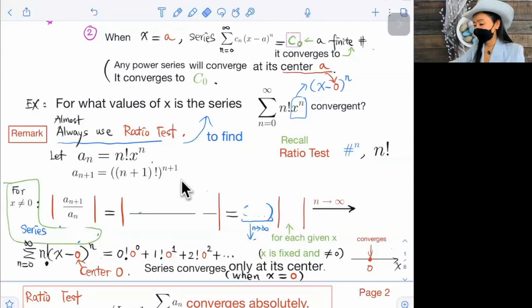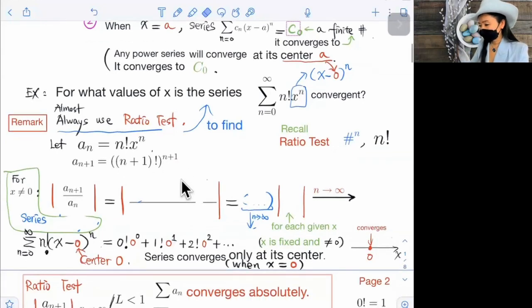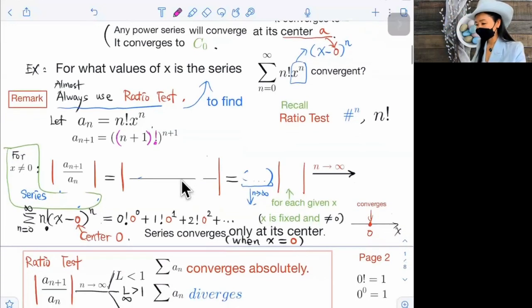That's an plus 1. Now, pay attention when you write n plus 1 factorial, you do need the parentheses over here. Without the parentheses, it seems like the factorial only goes with the 1. It should be parentheses and then factorial.